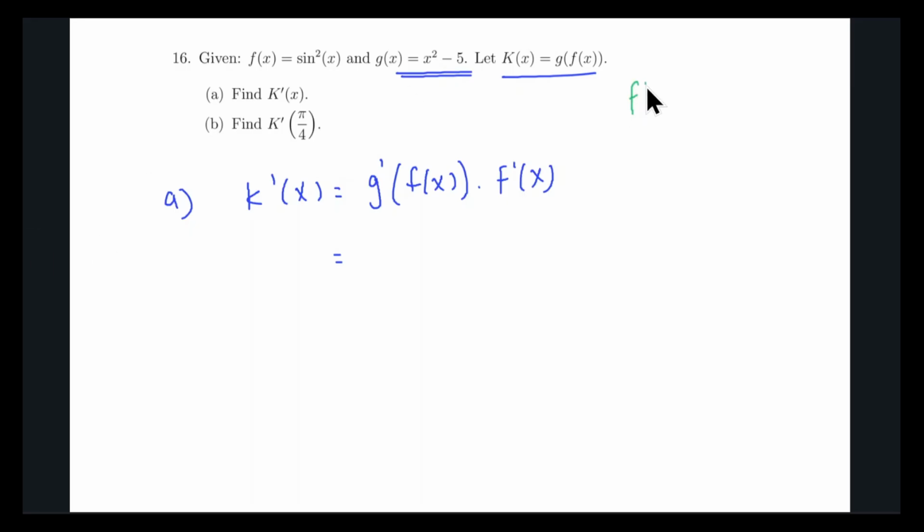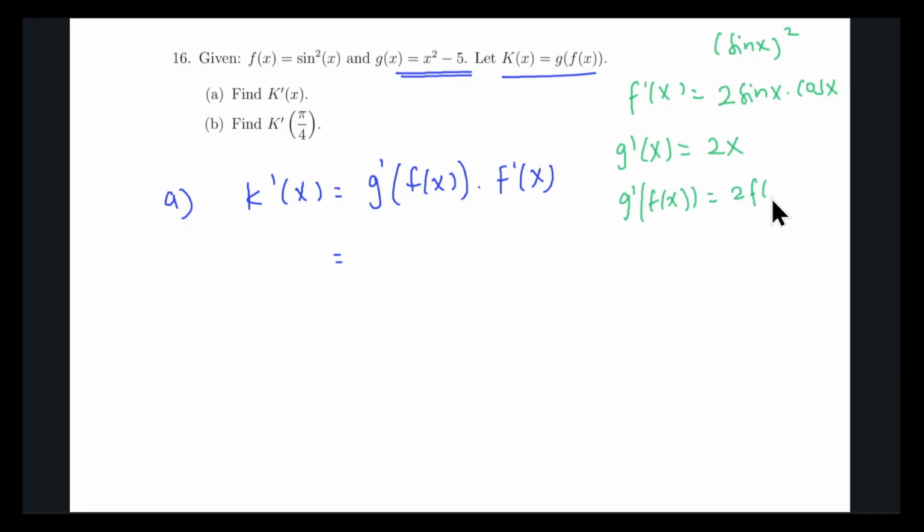So what is f prime x? Obviously, it's the derivative of sine squared x using the chain rule, because sine squared x can be written as (sine x) squared. So it will be 2 times sine x, and then the derivative of sine x is cos x. What is g prime x? That's going to be, of course, just 2x. So g prime of f(x) will be just 2 times f(x). So here I'm going to write 2 times f(x).